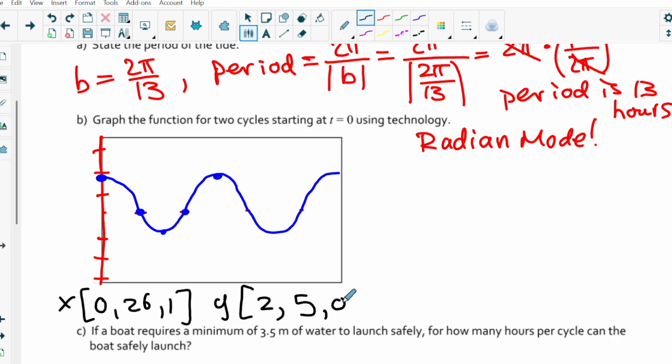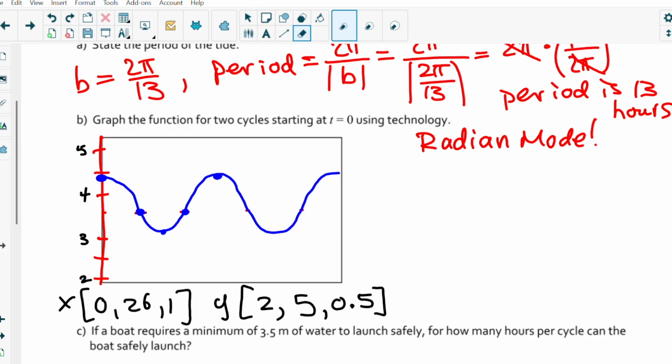And then the scale is 0.5. So this would be 2, 3, 4, and then 5 up here. Okay, roughly. All right, so that's my graph.